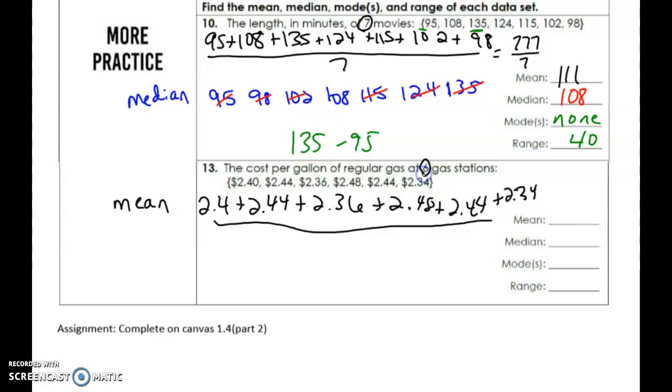Again, there's a keyword there. There was 6. So if we add all those numbers up, we should get 14.46 divided by 6, which ends up being 2.41.